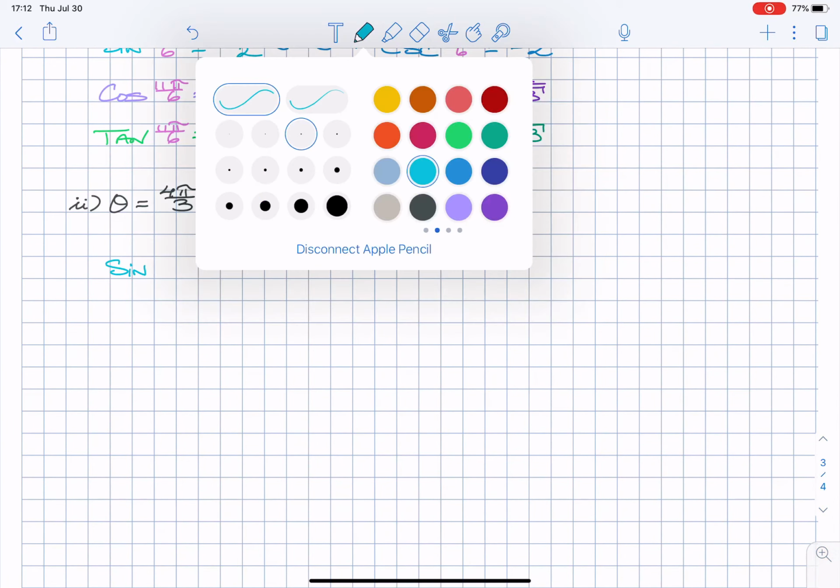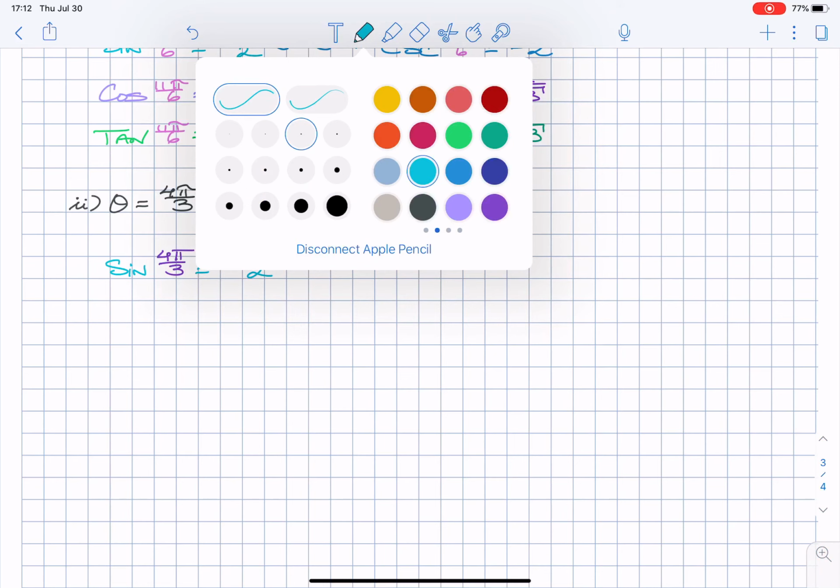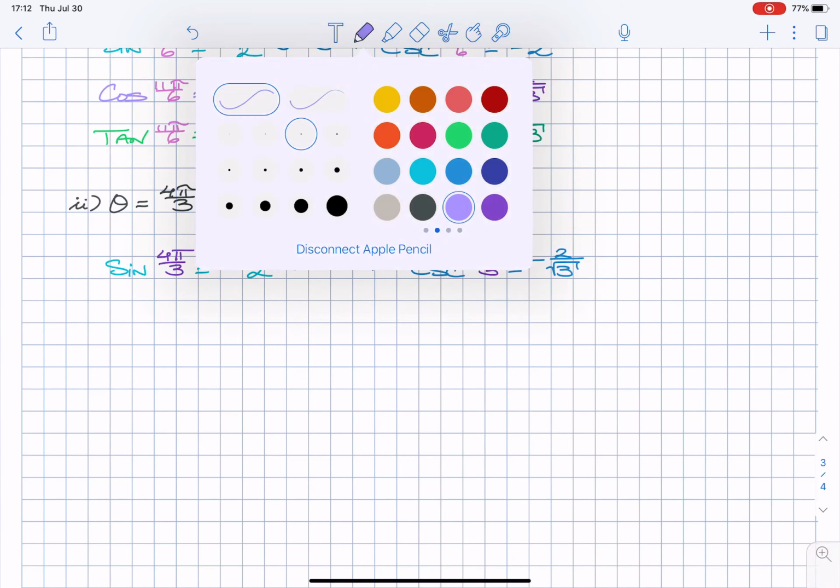So sine of 4 pi over 3, which is the y coordinate, is going to be negative root 3 over 2, which means the reciprocal cosecant of 4 pi over 3. So 4 times pi over 3, so 4 times 60. What is that, 240 degrees? So that'll be negative 2 over root 3 if I don't rationalize, which I don't mind if you don't.